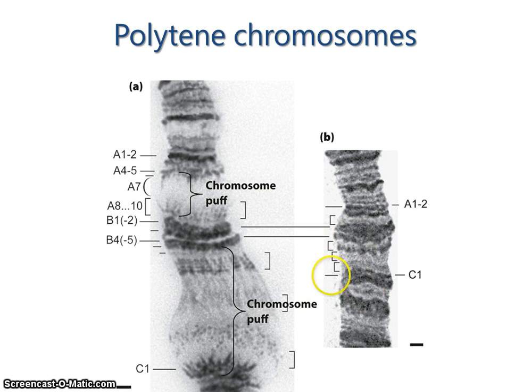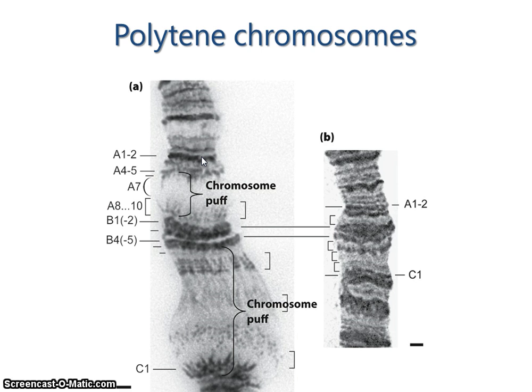And what happens in these salivary glands is that chromosomes replicate many times without any cell division. And so what you have is this polytene chromosome structure, which is made up of many copies of the same chromosome.